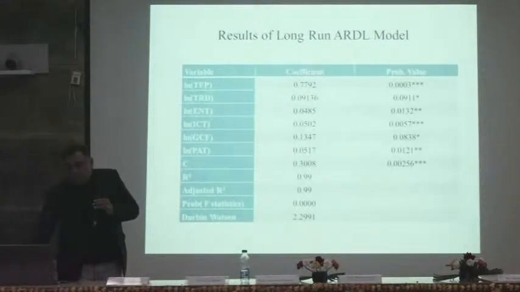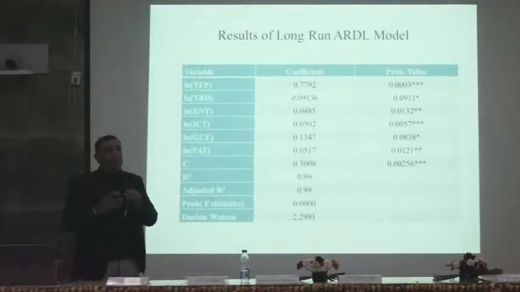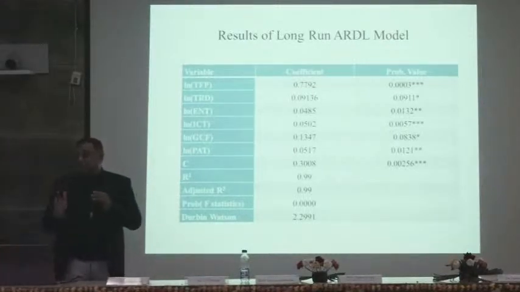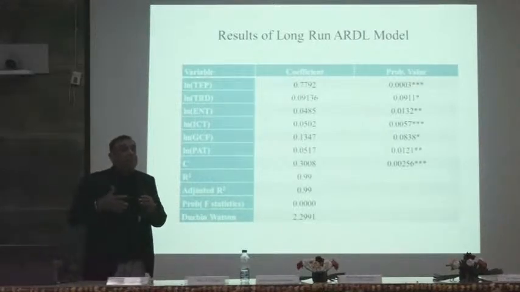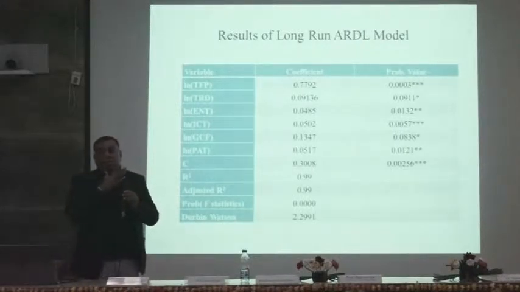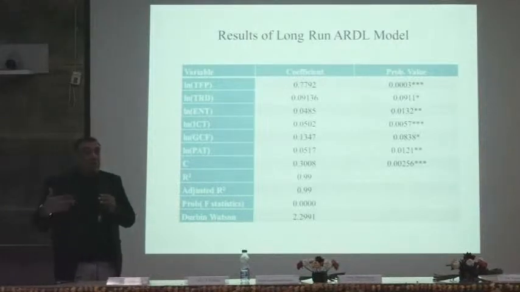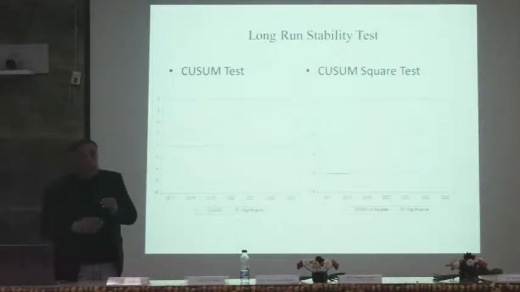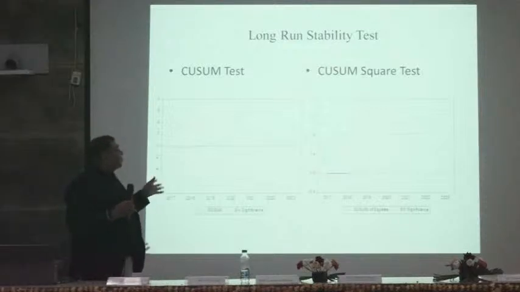So these results are very important at the policy level, and policy makers will consider them, because it's not one or two factors that are important, but a large number of macroeconomic factors. These are the two figures for the diagnostic tests.